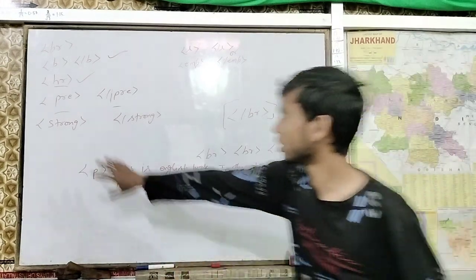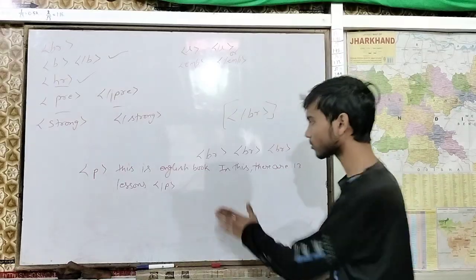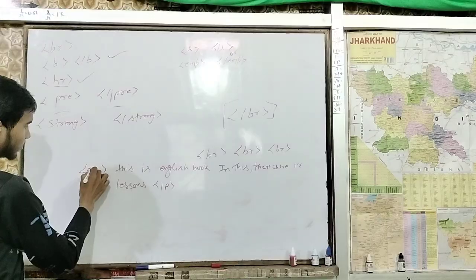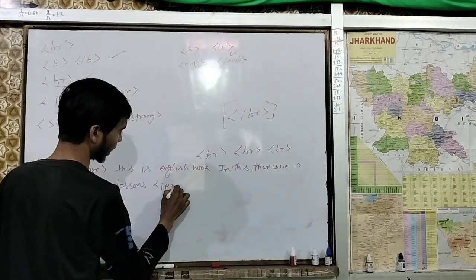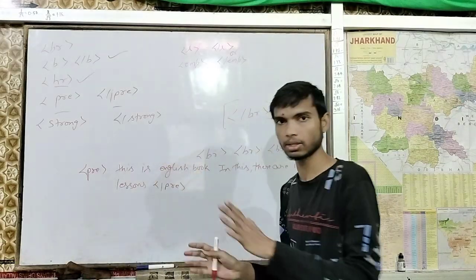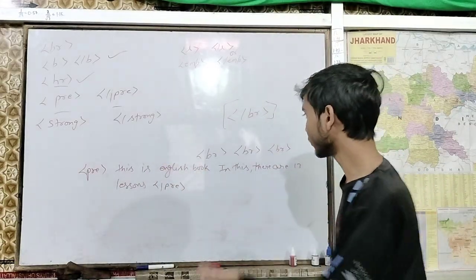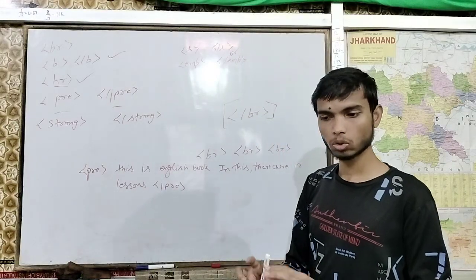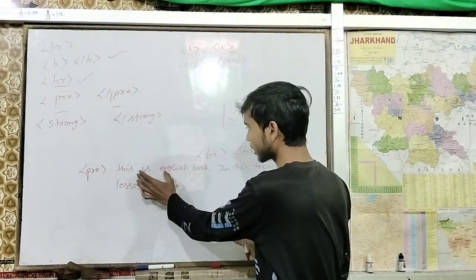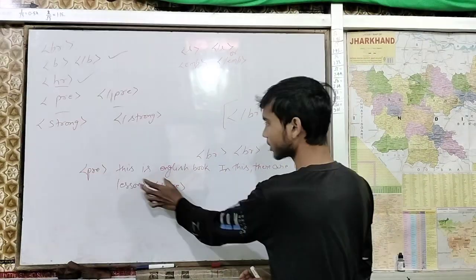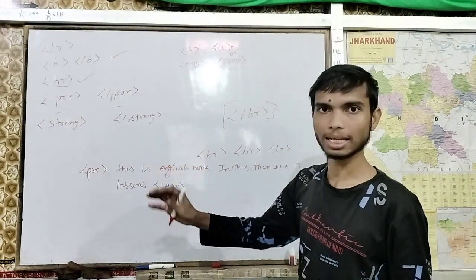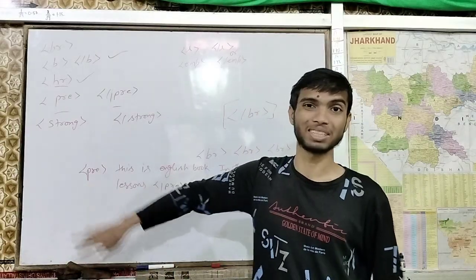Clear. Now, our focus was on this pre tag. If you use this pre tag, I would say the sentences will be shown as is. If there are 2 spaces or 3 spaces, there will be the same spaces on our website. If you write this sentence below this sentence, you will observe that our sentences stay as they are when we use the pre tag.